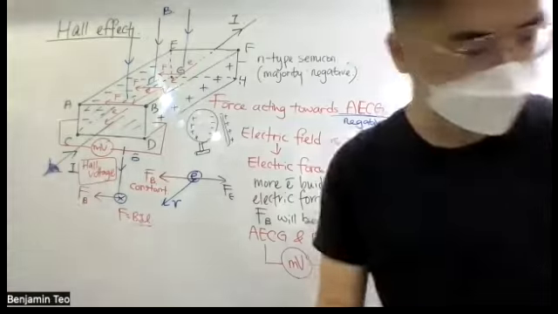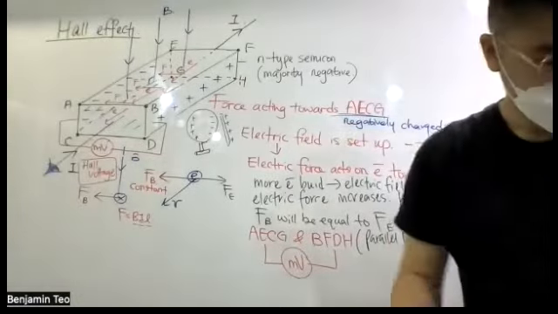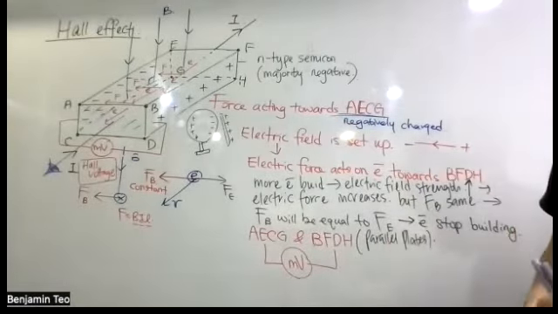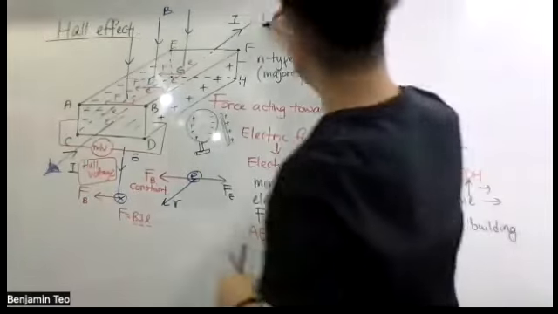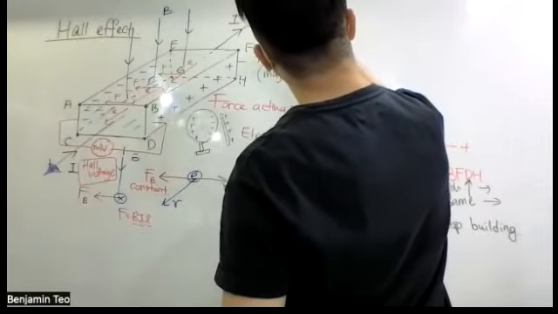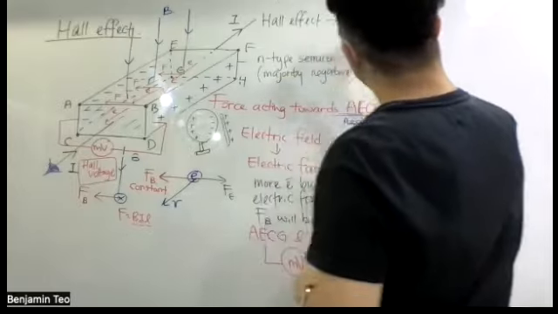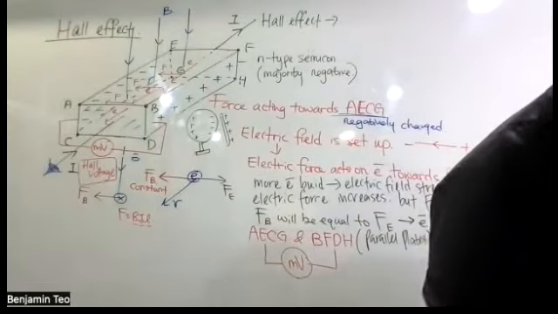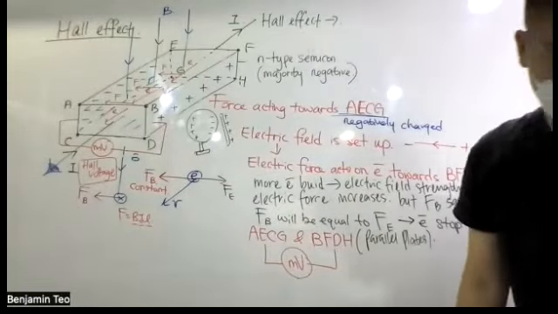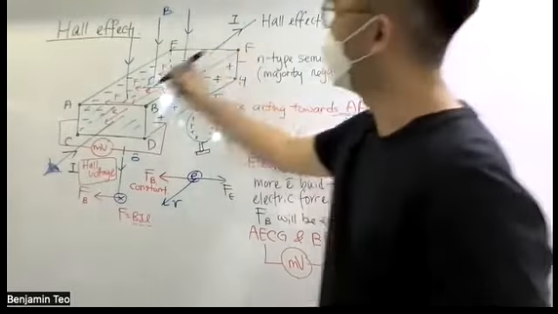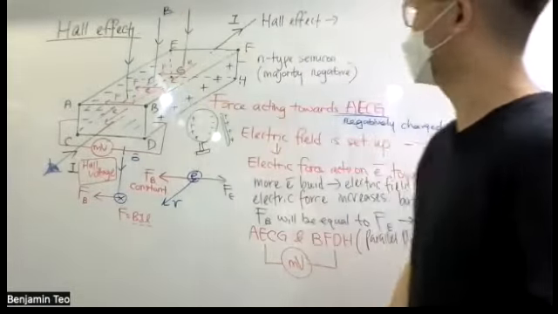So what is the Hall effect? We can define the Hall effect here. It is a phenomenon when I allow current and magnetic field to flow through a semiconductor.